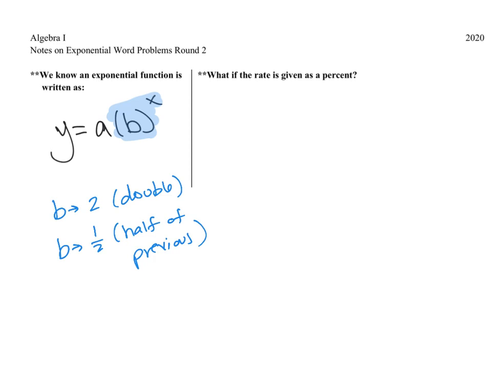But what if the rate is given as a percentage? Okay, so for example, if I say, hey, the amount that my money is increasing by is 10%. Well, I certainly do not put 10 in for B. If I put 10 in for B, that means my money is multiplying times 10 every time, okay?